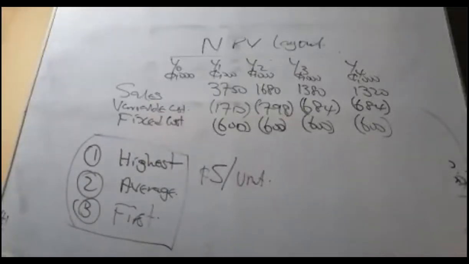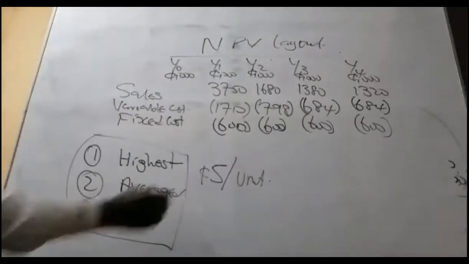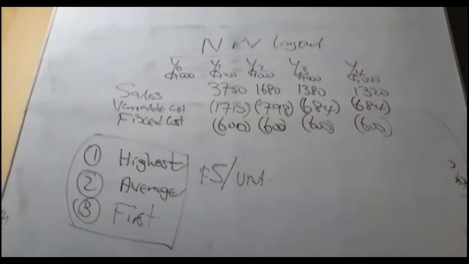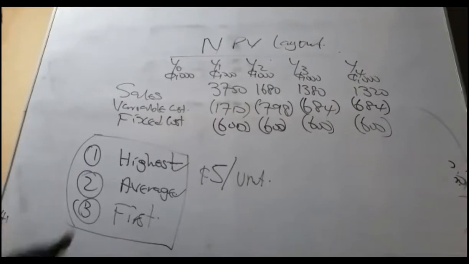How do you get it? Good. Either use the first year of operation as a basis, or use the average, the normal, or the highest, because the fixed cost is within a relevant range.